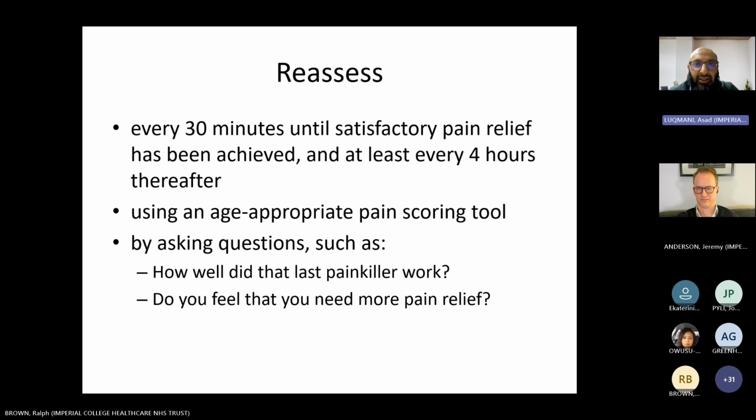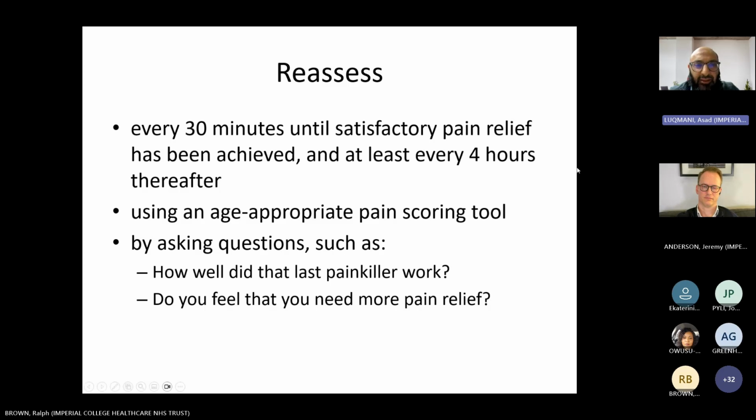So really every 30 minutes they need an assessment until achieving satisfactory pain relief, and thereafter still regular assessments approximately every 4 hours to continue to assess whether their pain is being adequately controlled. Again, the importance of using an age-appropriate pain scoring tool was highlighted. So, for instance, in children, often the pain scoring tool used is emojis, smiley faces or sad faces. In adults, as mentioned, a 1 to 10 verbal pain rating score or a mild, moderate to severe rating.